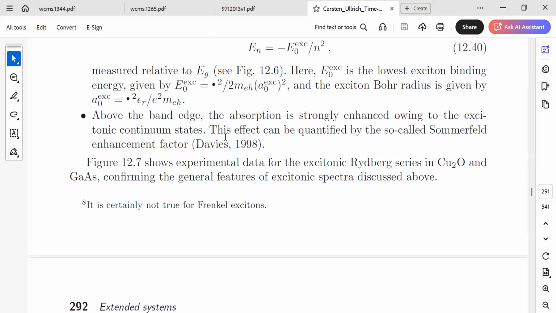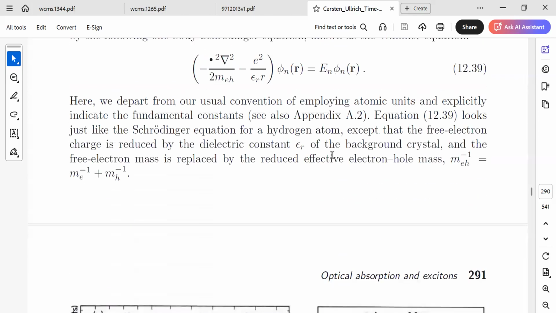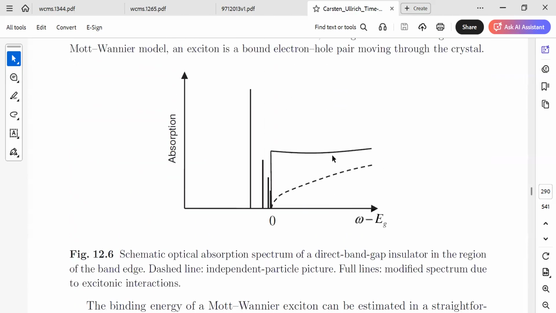Above the band edge, the second modification: the absorption is strongly enhanced due to the excitonic continuum states. These are the lines we are talking about.